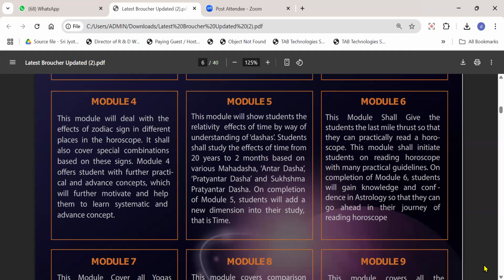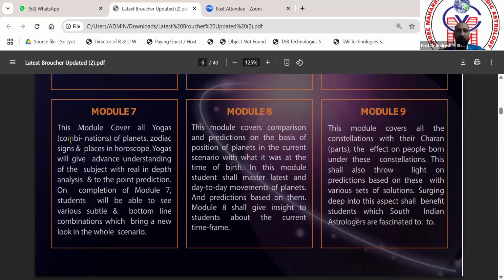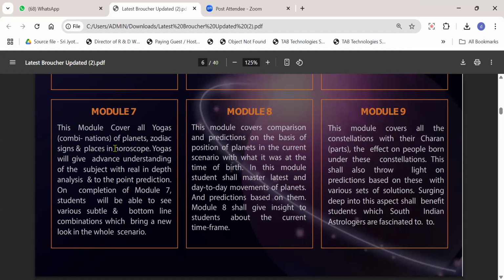And also, most importantly, you will be learning the combination of planets in the particular zodiac signs, which results in different houses.